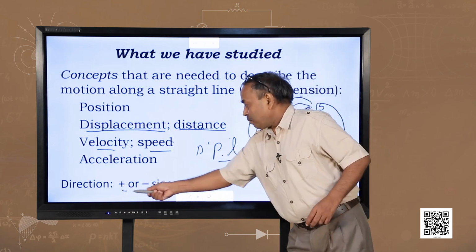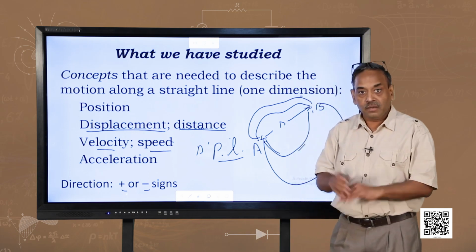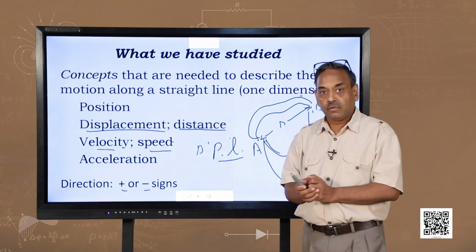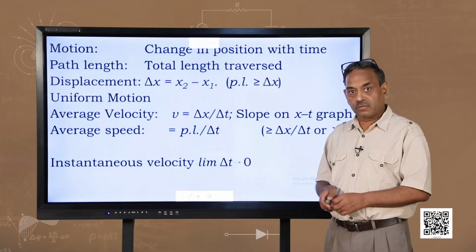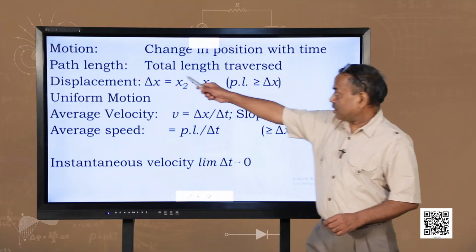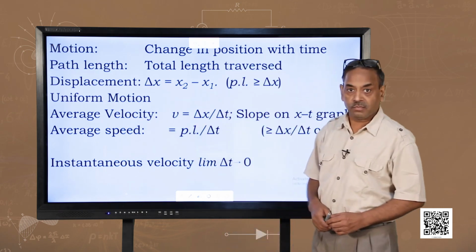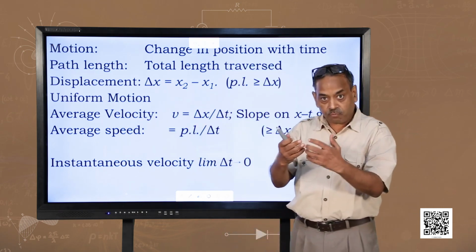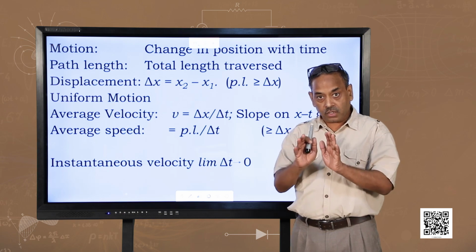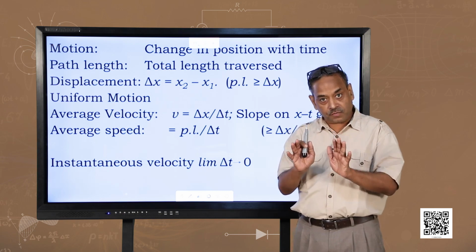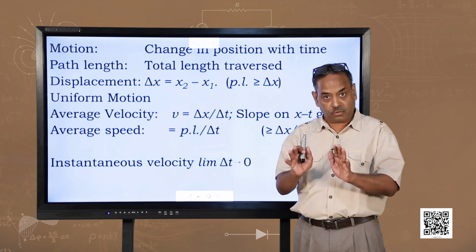So, plus and minus take care of your direction, a limited direction in this case of motion in a straight line. Moving further, let us recall the word motion. Motion means change of position of an object with time. Remember, at this point there is some confusion, or some different kinds of things which you might see in different books.